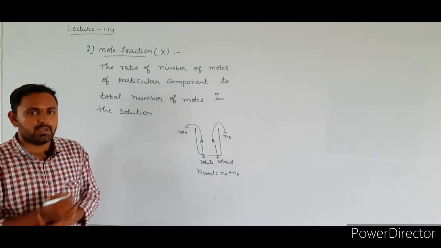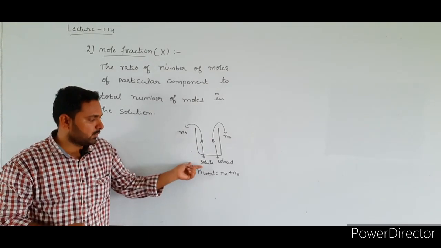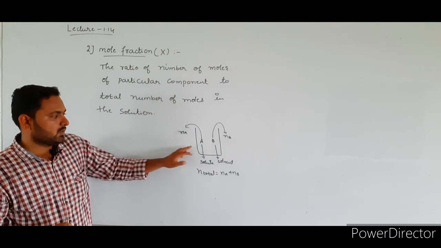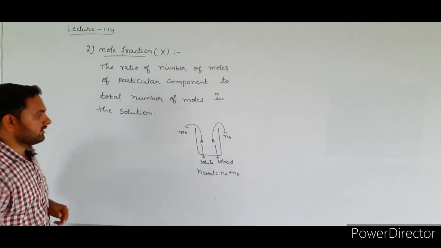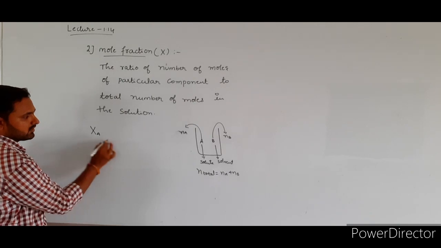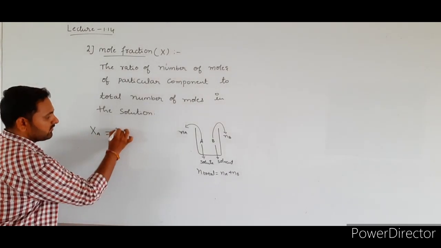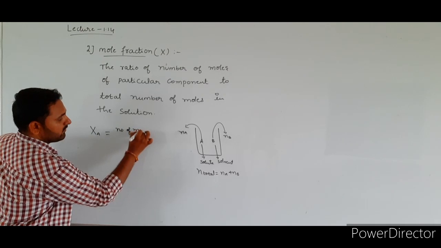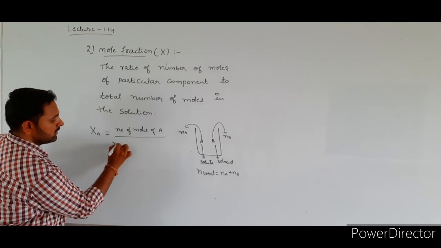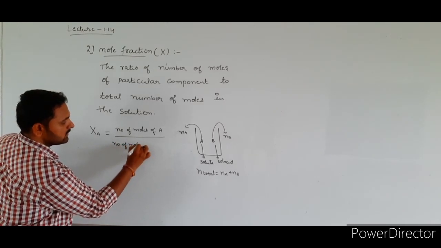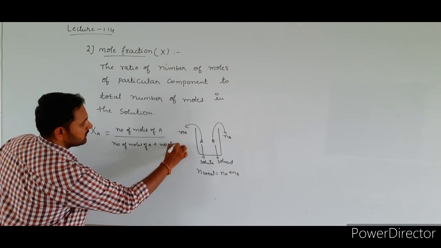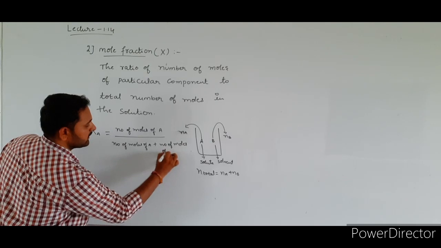In such cases, we can calculate mole fraction of solute and mole fraction of solvent separately. For example, if you want to calculate mole fraction of A, then mole fraction of A is equal to number of moles of A divided by number of moles of A plus number of moles of B. Why?